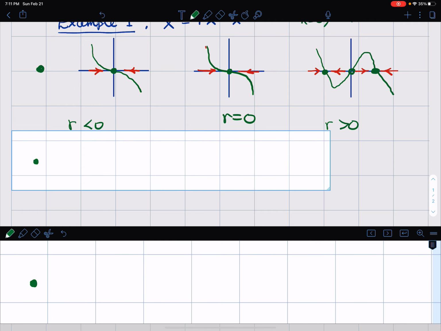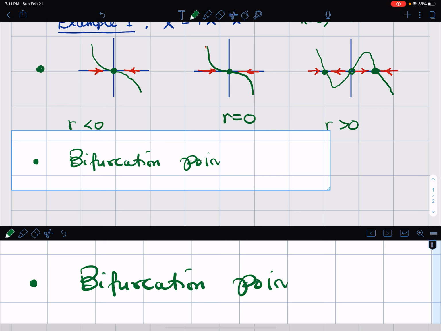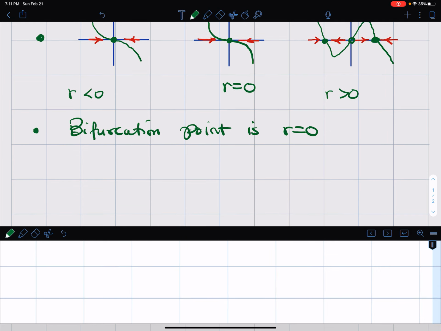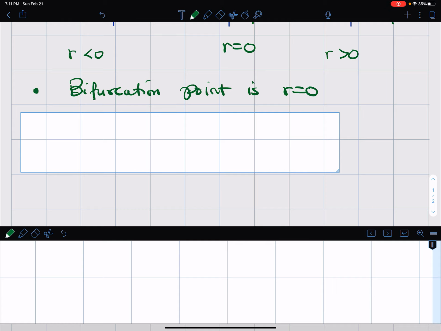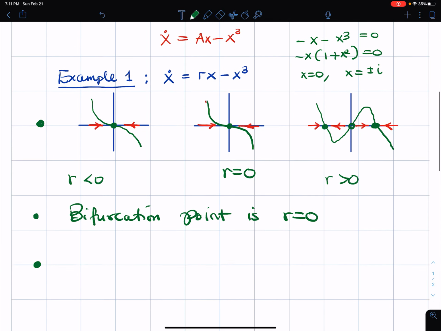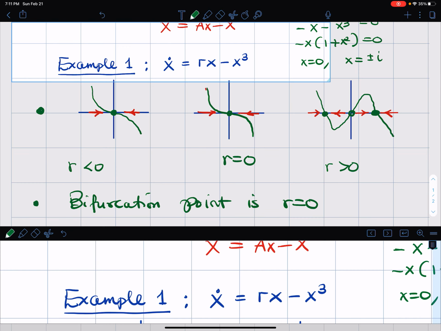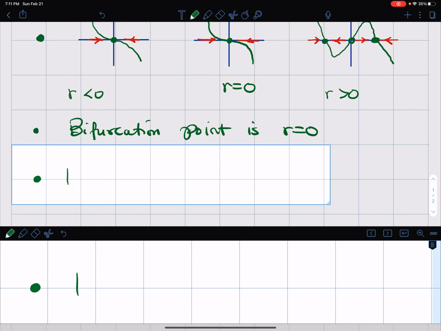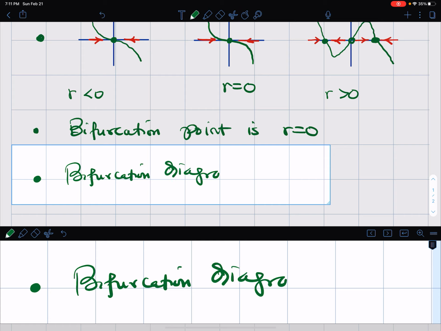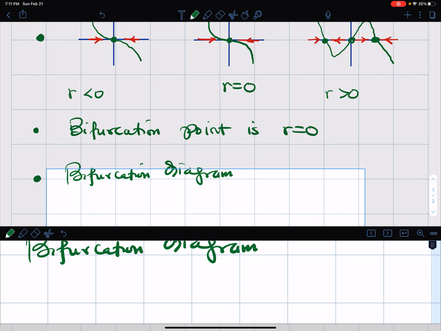Another note is that a bifurcation point is r equal to 0. And then to sketch the bifurcation diagram, we start by solving for the fixed points.